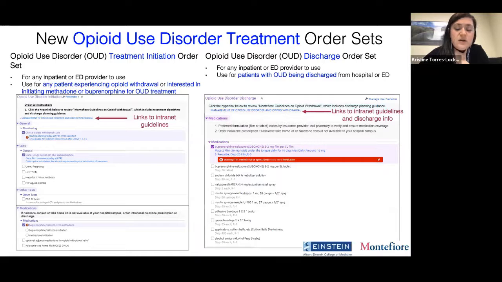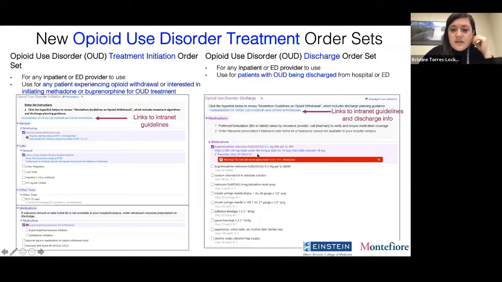And then also the naloxone take-home kit, which you guys should be ordering for anyone with OUD admitted to the hospital. So please feel free to use this and give me any feedback for how usable it is, what could be improved, etc. There's also a discharge order set. And so this is to use when folks are getting discharged from the hospital.